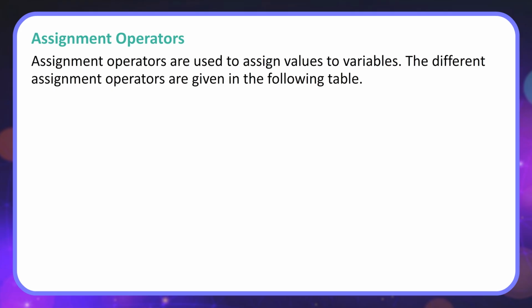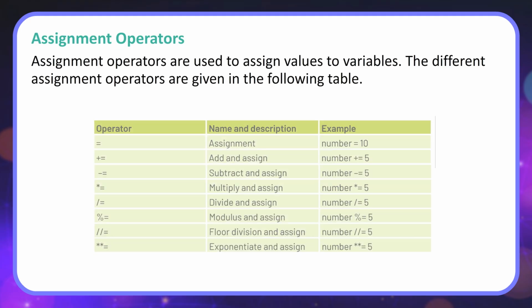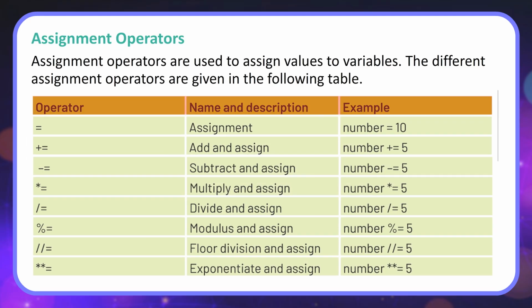Assignment operators. Assignment operators are used to assign values to variables. The different assignment operators are given in the following table. Operator, name and description, example. Equals, assignment, number = 10. Plus equals, add and assign, number += 5. Minus equals, subtract and assign, number -= 5. Times equals, multiply and assign, number *= 5.